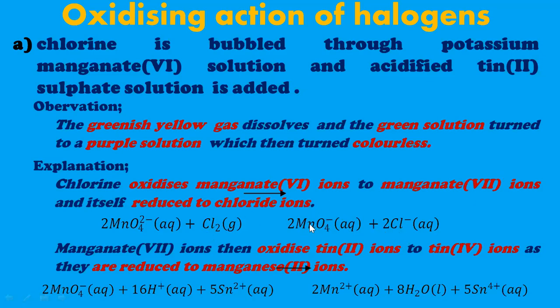Then the manganate 7 ions that we have formed here are the ones that oxidize tin 2 ions to tin 4 ions, as the manganate 7 ions are reduced to manganese 2 ions. So there are 2 redox reactions in one, but one proceeds after the other. That's not a common reaction, but I thought of it as being an important one too.